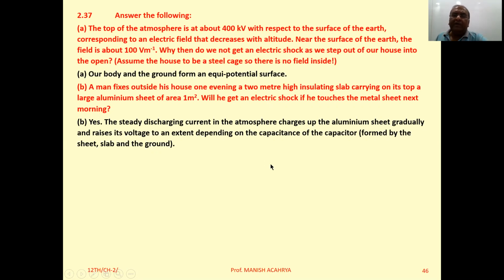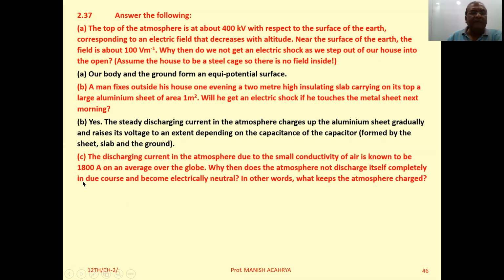So on the aluminium sheet during the daytime, due to the discharging process, some charge will be accumulated. And when the person touches the aluminium sheet, the current will flow through the body and the charges will be grounded. And due to that, he will experience the shock.